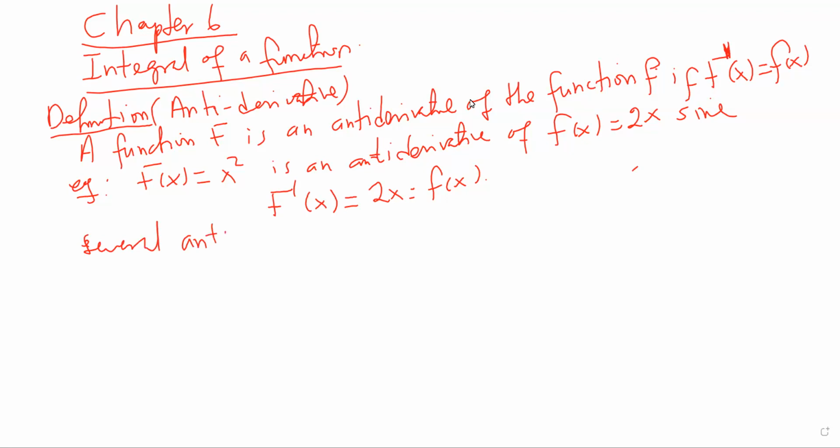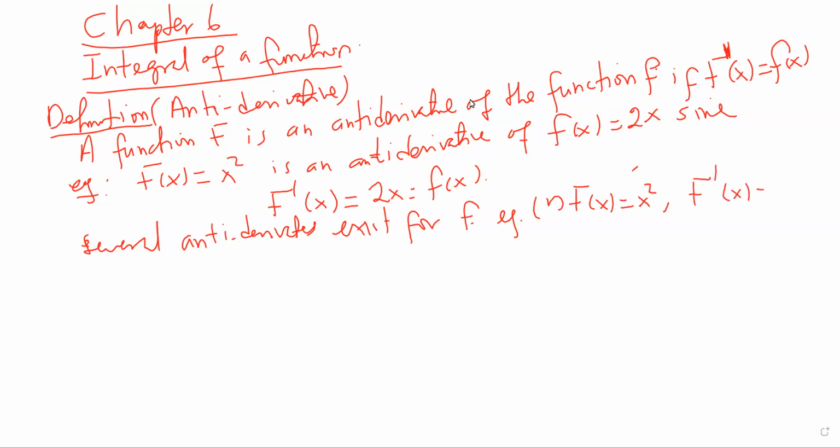Several antiderivatives exist for f. Example, if we take big F of s to be s squared, then its derivative is 2s, which is the same as f of s.